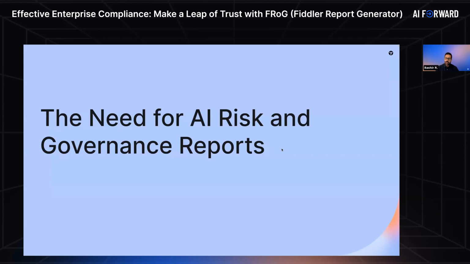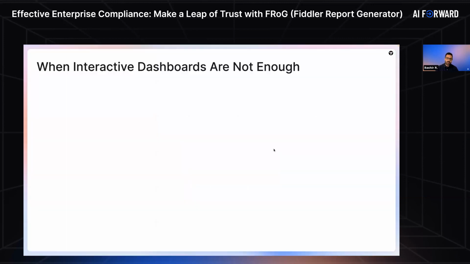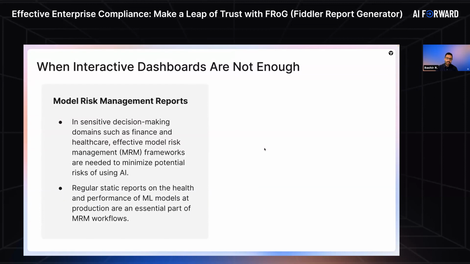So why is there a need for AI risk and governance reports, or in other words, when are interactive dashboards not enough? In sensitive decision-making domains, such as finance and healthcare, effective model risk management frameworks are needed to minimize potential risks of using AI. And therefore, regular static reports on the health and performance of machine learning models in production are an essential part of MRM workflows.